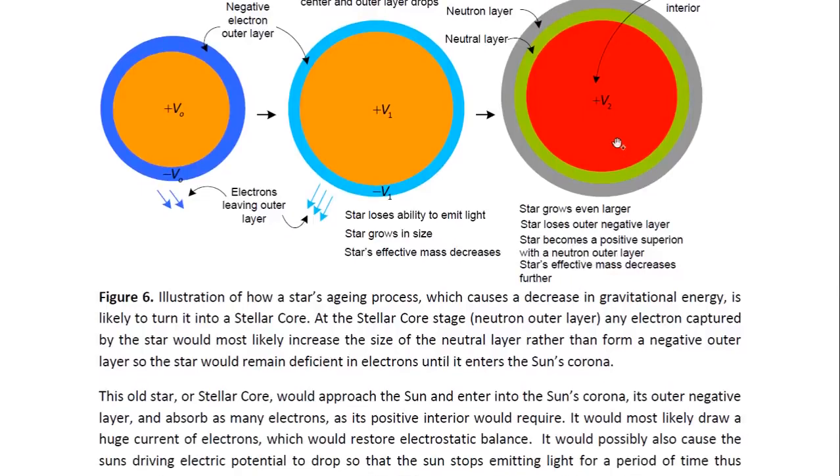So a stellar core would be even larger than an aging star, much larger than it was as a main sequence star. It would lose its negative layer, the star becomes a positive superion, develops a neutron outer layer, and its effective mass would decrease further.